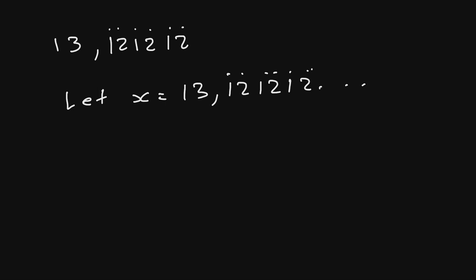So now let us first try to multiply this by 10 to see if this will work or not. So we're going to say 10 multiplied by x. If you multiply this by 10, it's just going to move 1 unit. So you're going to have 131.2121212.